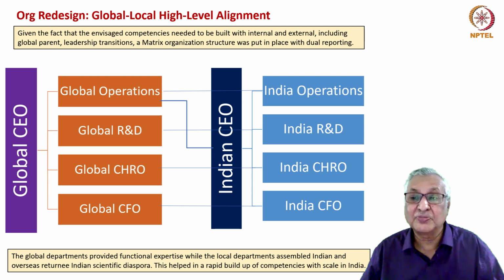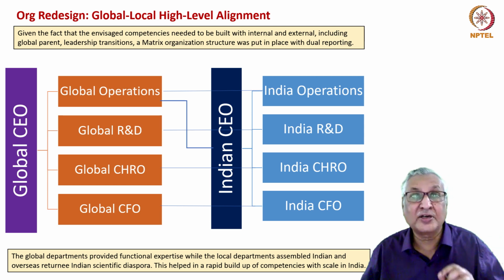The Indian CEO, that is myself, had similarly four critical verticals under me: Indian operations, Indian R&D, Indian human resources, and Indian finance. There were, of course, various other requirements like regulatory affairs and information technology. Similarly, they were there at the global level as well.